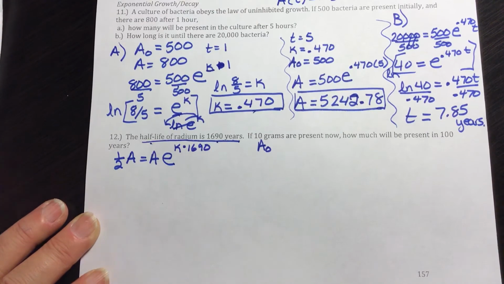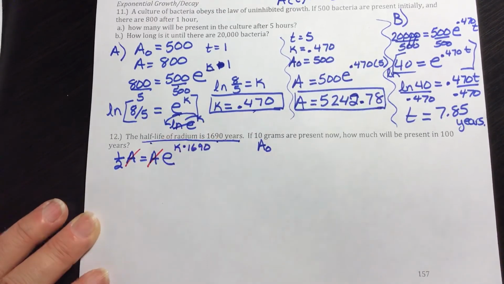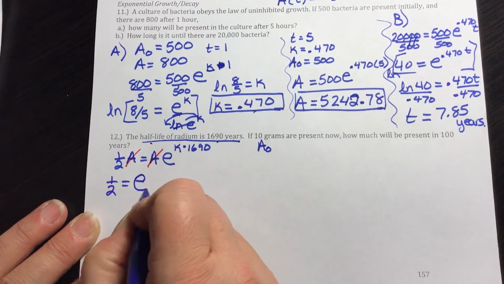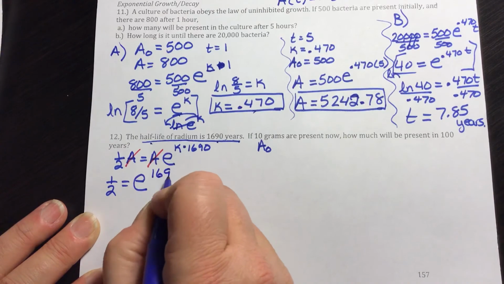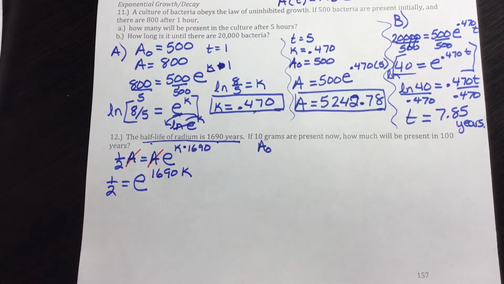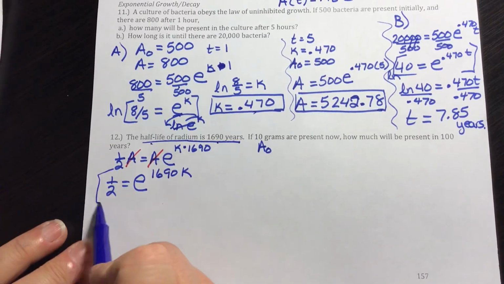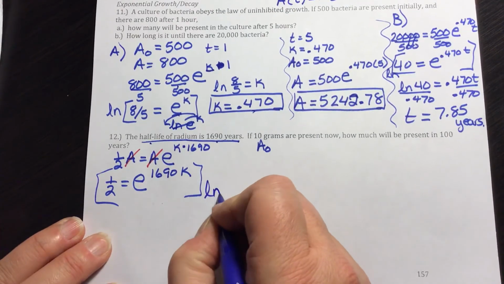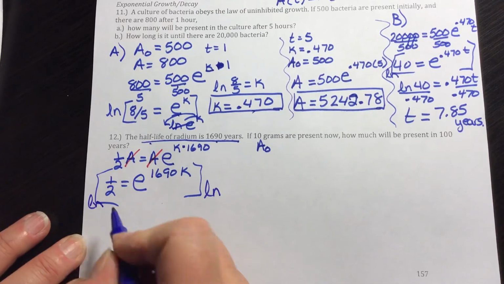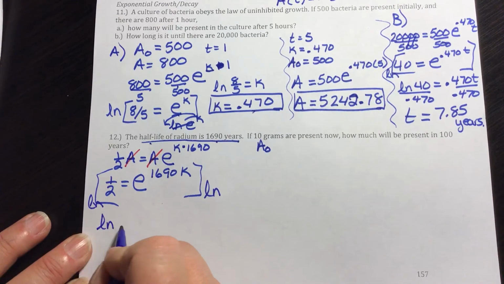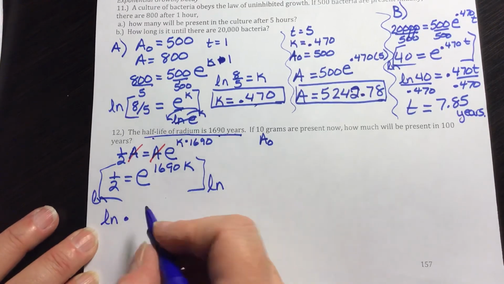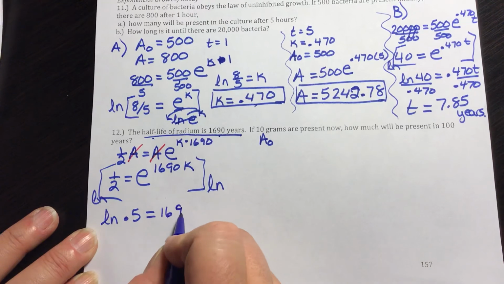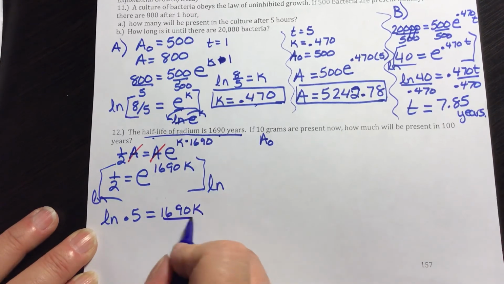All right, so I'm going to divide both sides by A, and I have 1/2 equals e to the 1,690 times k. Now to get the 1,690k out of the exponent, let's do the natural log on both sides. So I have ln, and I'm going to write 1/2 as 0.5, equals 1,690 times k.